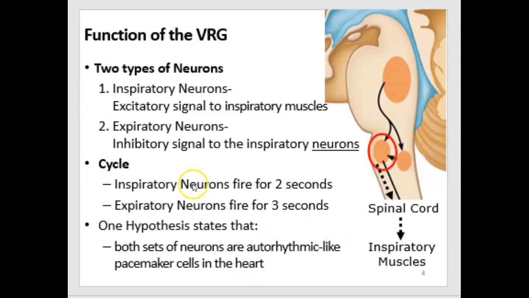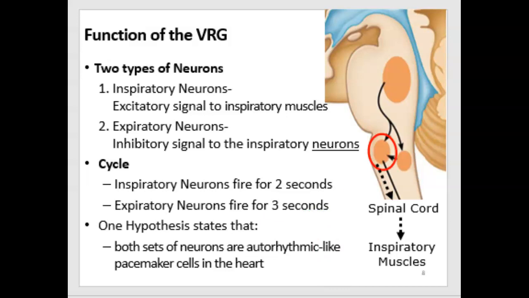Now, the way that these neurons work in tandem is the inspiratory neurons generally fire excitatory impulses to the muscles for about 2 seconds, and then the expiratory neurons inhibit the inspiratory neurons for about 3 seconds.